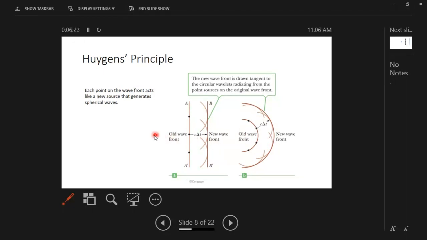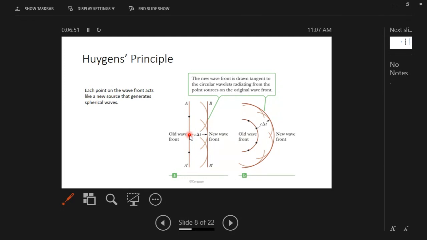When I say plane wave, the light rays are going in this direction, and they are all parallel to each other. But here the light rays are diverging from one another. And when you draw surfaces perpendicular to those diverging light rays, you're going to get spheres. In this case, the light rays are parallel to one another, and when you draw planes perpendicular to those light rays, you get just flat planes.